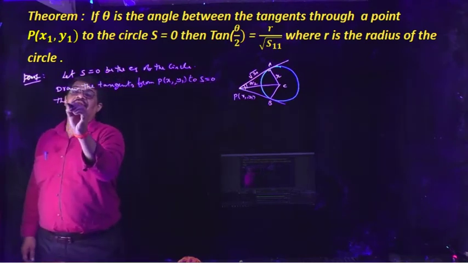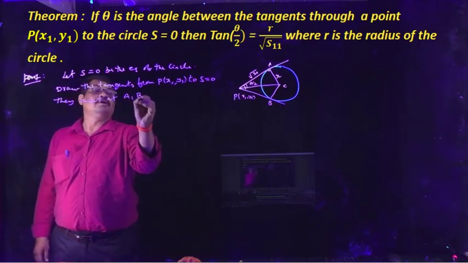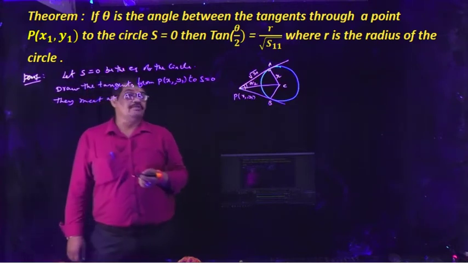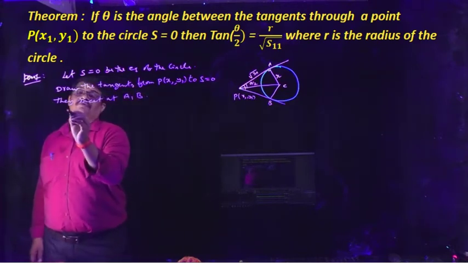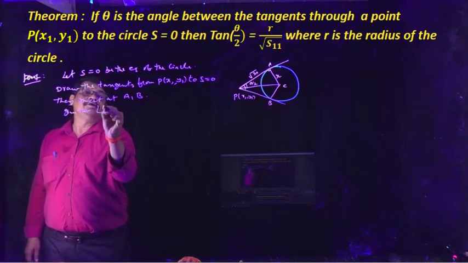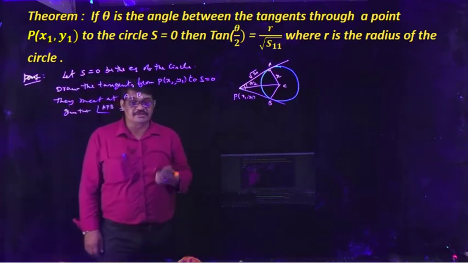They meet at capital A, capital B. Given that the angle APB, that is the angle between the pair of tangents, is theta.